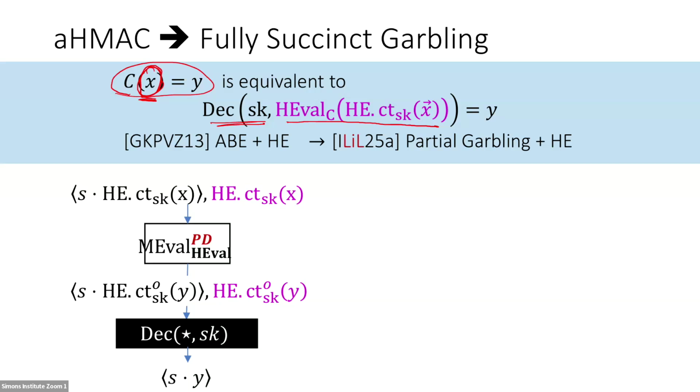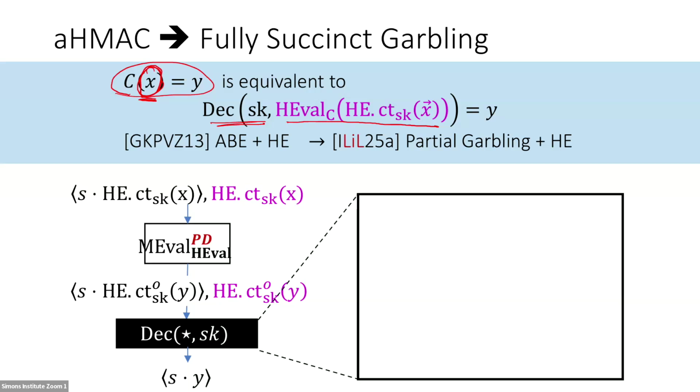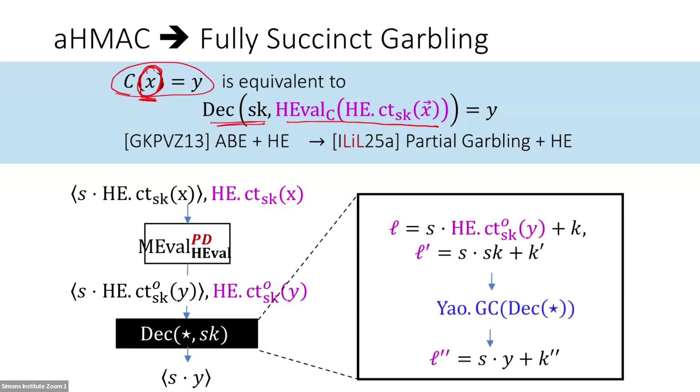So what I can do is the homomorphic evaluation using the AHMAC, and only perform the private decryption using the classical garbled circuit. And this will give me succinct, fully private garbling, albeit that I am using homomorphic encryption, right?